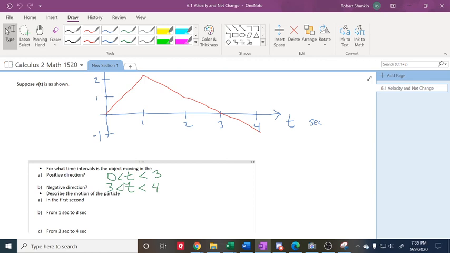Okay, we hit stop. Group 4. What's the motion of the particle in the first second? It accelerates at a constant rate and suddenly decelerates at a lower constant rate. Did it decelerate in that first second? Yes. Or previous to that second, sorry.